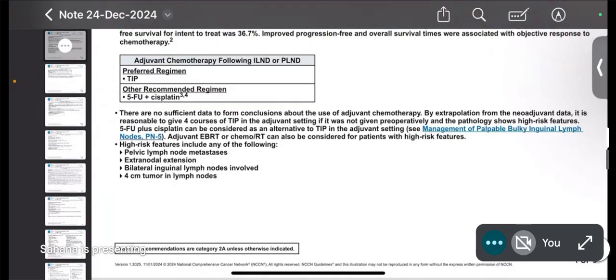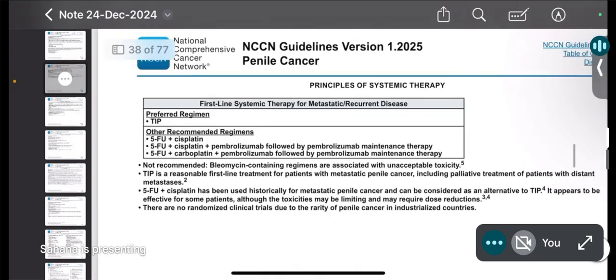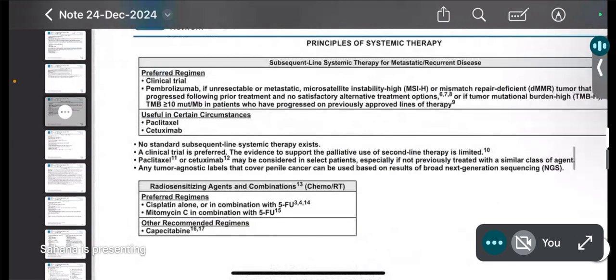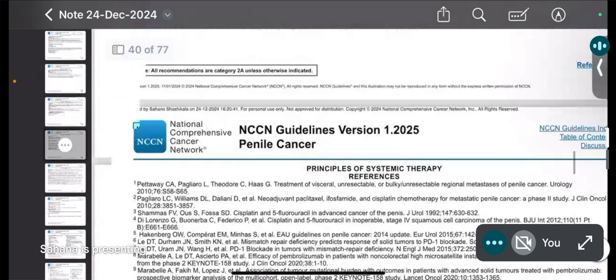Adjuvant EBRT or chemo RT can be considered with high risk features, that is pelvic node, extranodal extension, bilateral inguinal nodes and more than 4 centimeter nodes. So if bilateral inguinal nodes are also there, then you have to do pelvic. Same thing for pelvic nodal dissection also and adjuvant. So these are all high risk features, so you will have to consider giving some form of adjuvant therapy. So this is for relapse, recurrence.